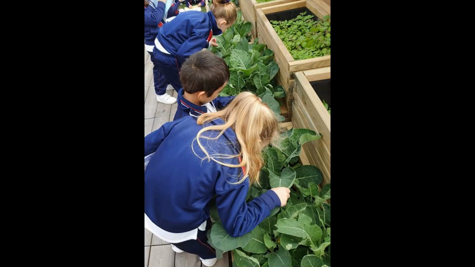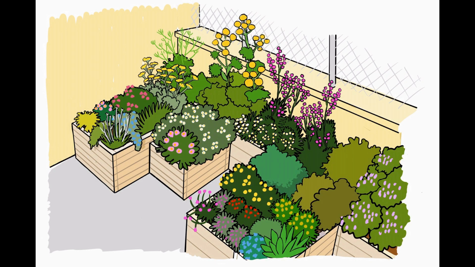We need to create stations in our school grounds where children can remove the shackles and get up close and personal to plants. Even the most concretized of yards can have large planters. This is a sketch from our Dinya Wahda Action Guide that shows a corner of different sized planters growing wild.